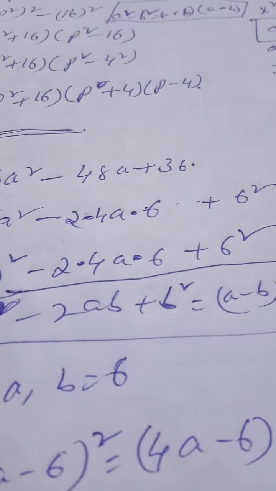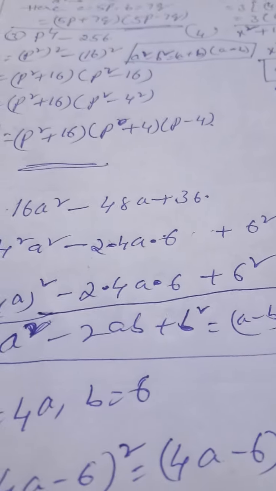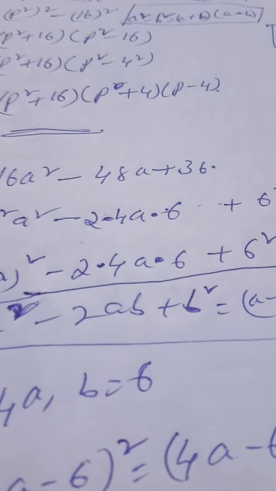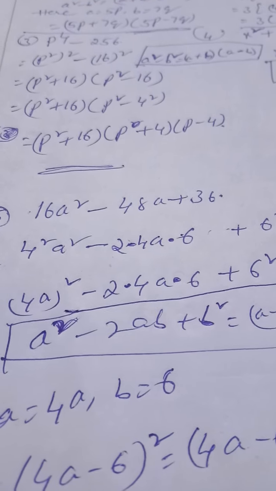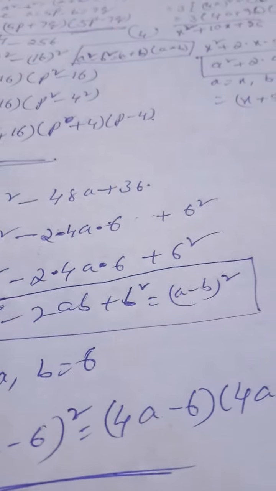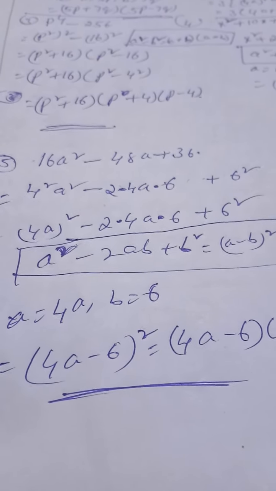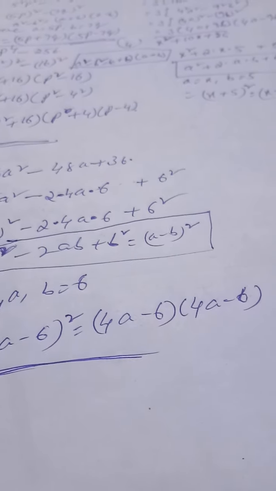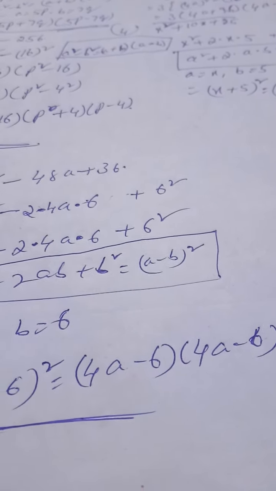Middle minus symbol is there, so we can consider it as minus 2ab. So minus 2 into 4a into 6: 4 twos are 8, 8 sixes are 48. So it is nothing but a square minus 2ab plus b square. a is nothing but 4a, b is nothing but 6. So it is nothing but (4a - 6) whole square, which is equal to (4a - 6) into (4a - 6).